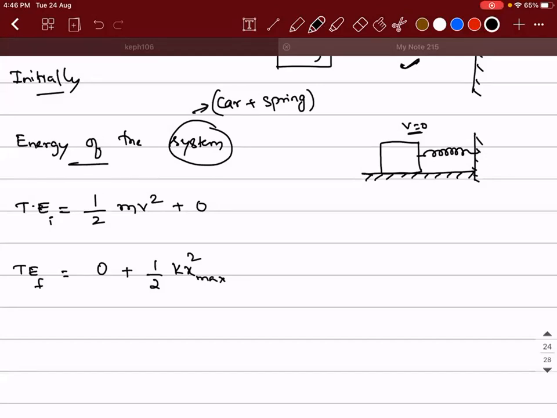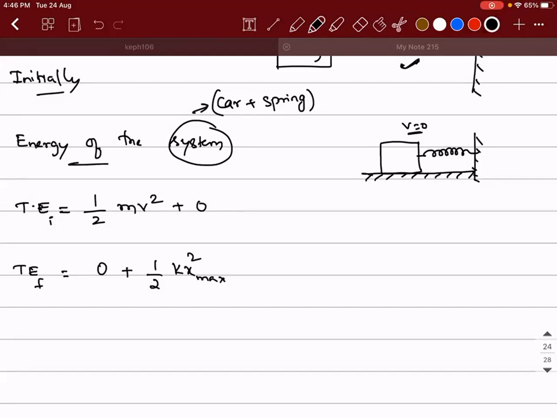I missed something. What is it? Negative symbol. I didn't put the minus sign because that negative sign should be used only when you use work energy theorem. Whereas when you talk about energy conservation, energy cannot be negative.